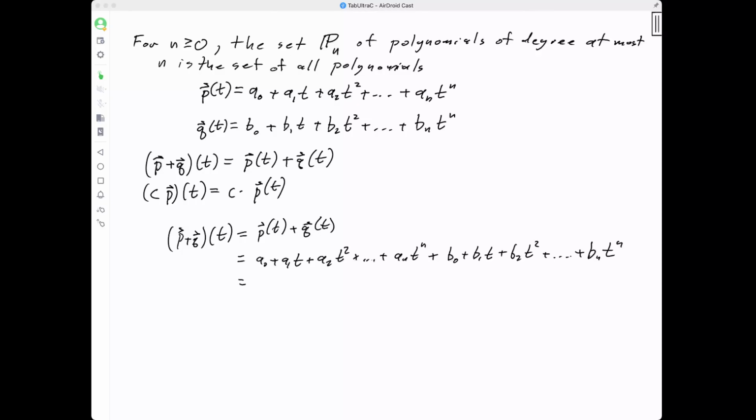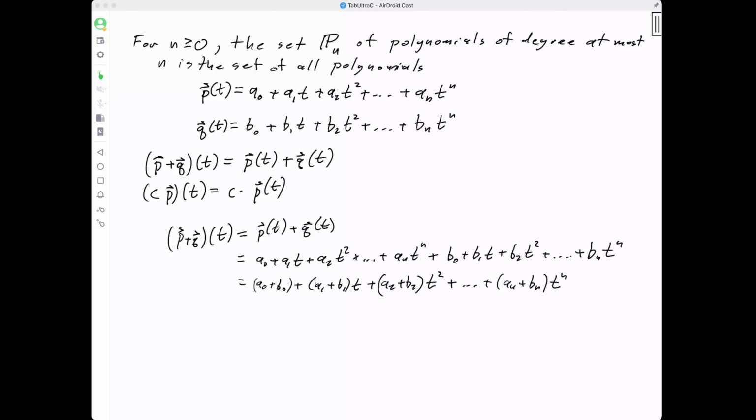If we rearrange that, we can put a0 plus b0 together, plus a1 times t plus b1 times t gives me a1 plus b1 times t, plus a2 plus b2 times t squared plus etc., plus eventually an plus bn times t to the n.